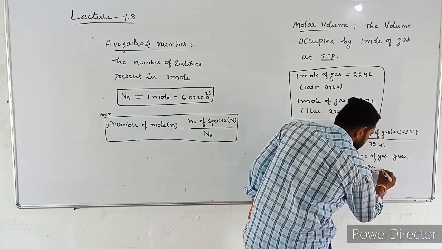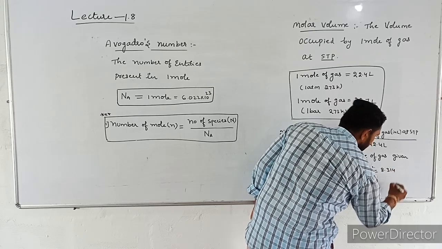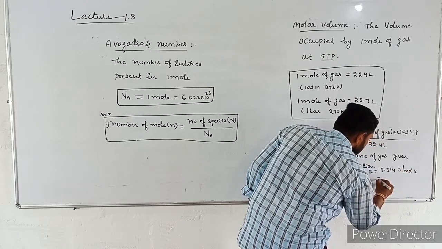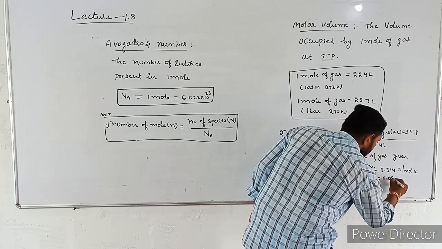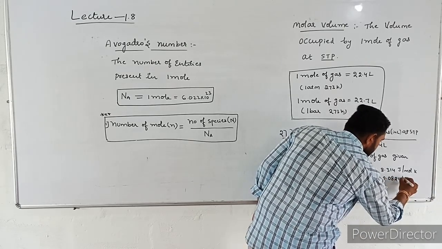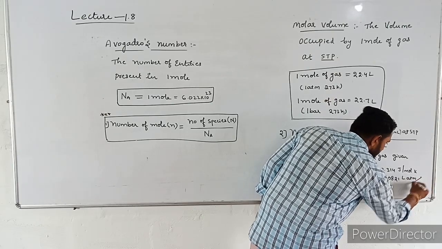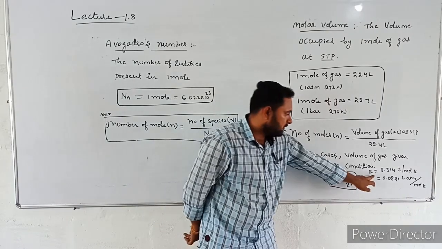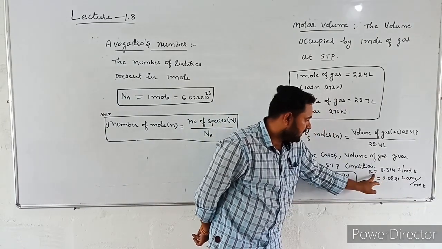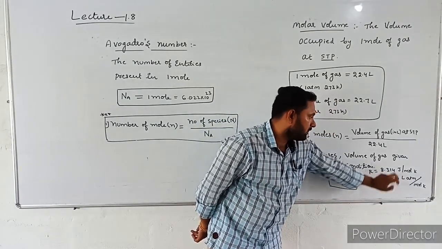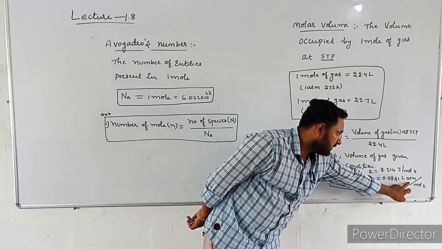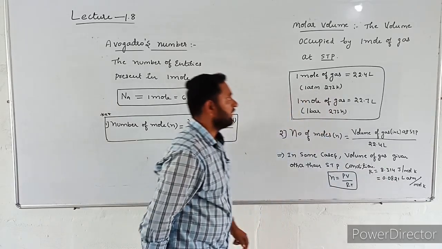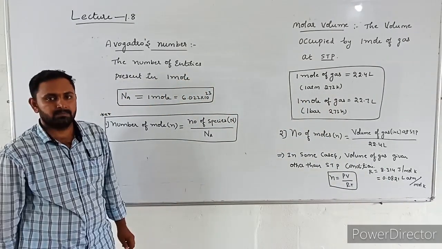R value is 8.314 joules per mole Kelvin, and 0.0821 liter atmosphere per mole Kelvin. These are the R values. In joules per mole Kelvin, R is equal to 8.314. In liter atmosphere per mole Kelvin, R value is 0.0821. This is molar volume.